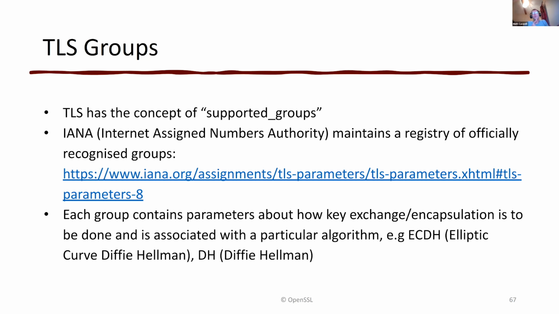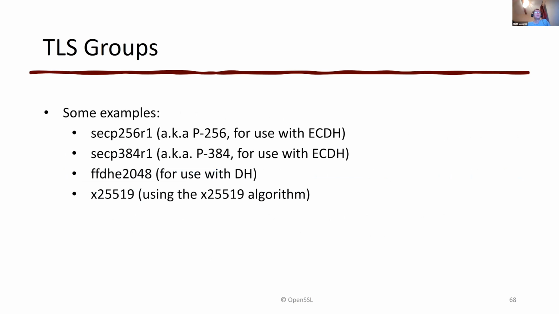Basically, each group contains parameters and information about how key exchange or encapsulation is to be done, and each group is associated with an algorithm. For example, it could be the ECDH algorithm, the elliptic curve Diffie-Hellman algorithm, or just the plain finite field Diffie-Hellman, or others. So, for example, we have the secp256r1 group.